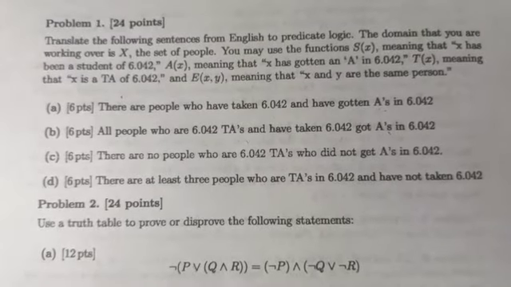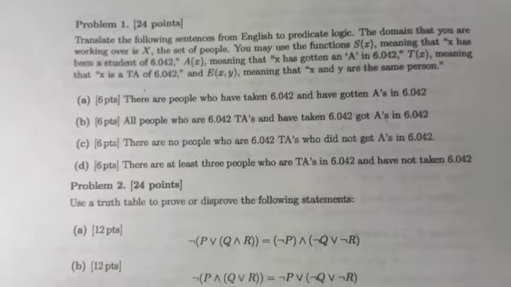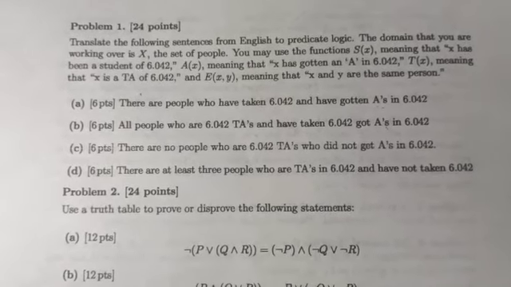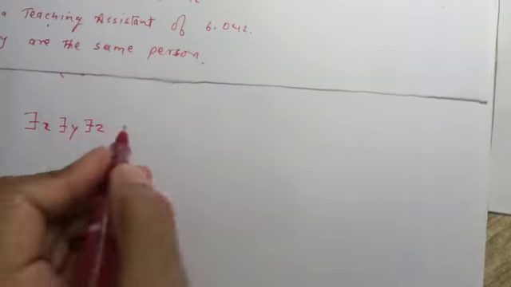For the fourth question, there are at least 3 people who are TAs in 6.042 who have not taken the course. Okay, so there are 3 people, right? There is at least one X, there's at least one Y, there's at least one Z, okay?